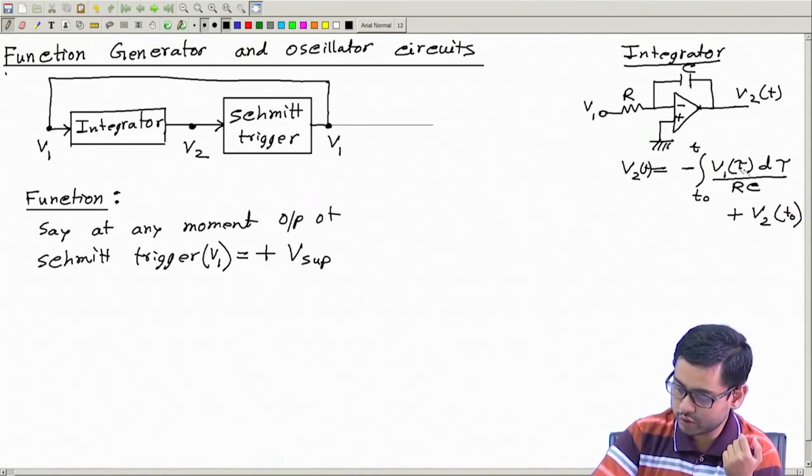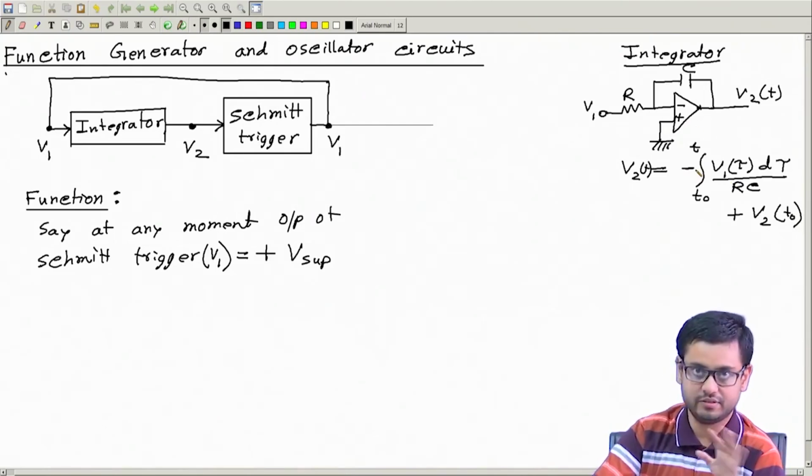This is how the output changes, and this integrator normally has this minus sign.